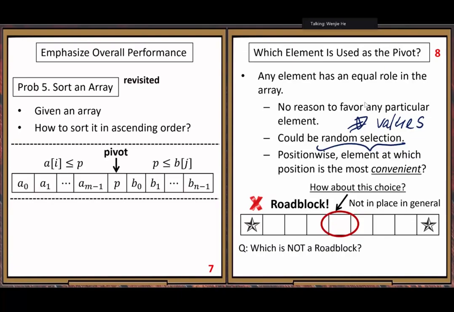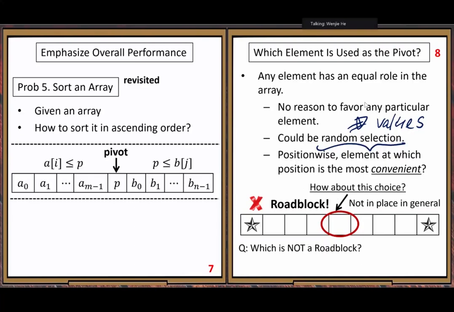So this analysis tells us you should place your pivot element either in the first position or the last position. But they're symmetric, equivalent, so we only need to pick one of the two cases to hold our pivot element.